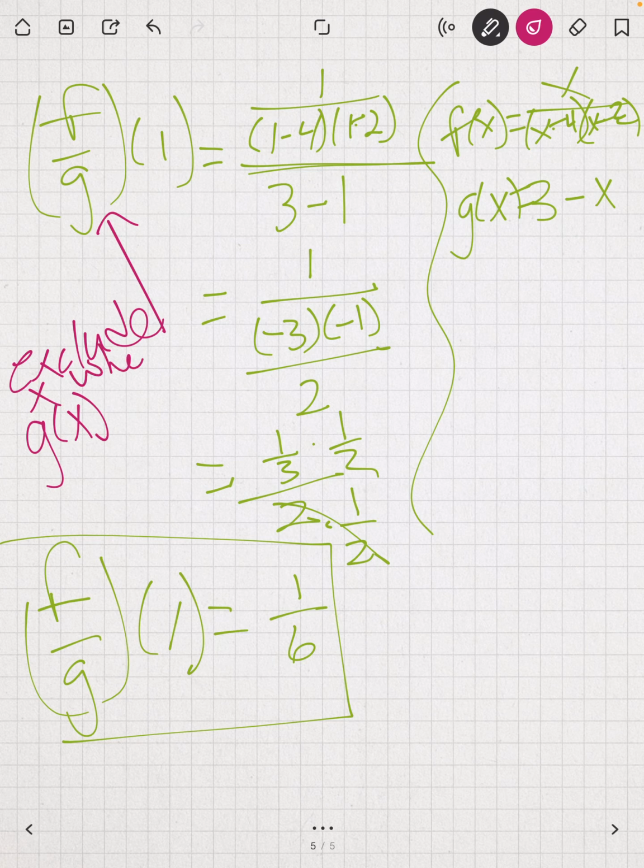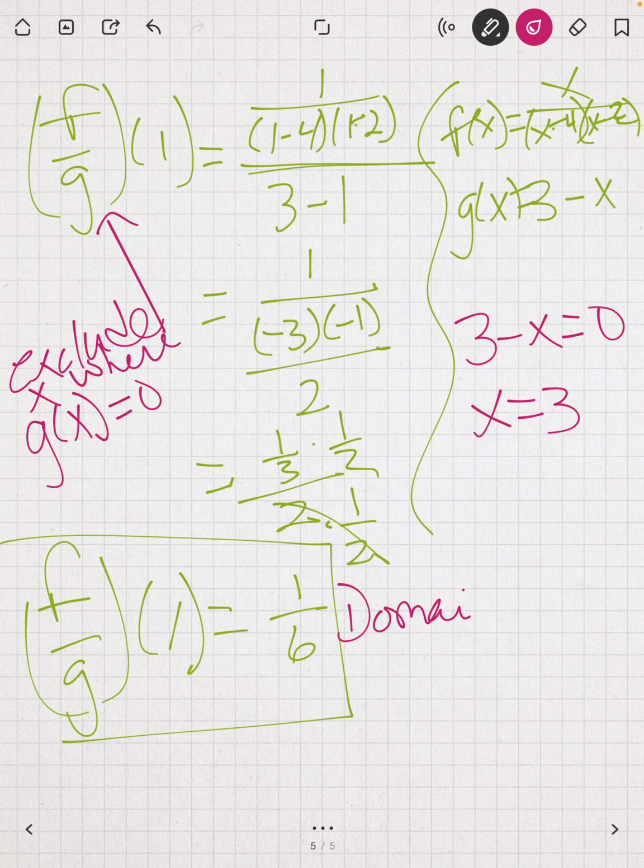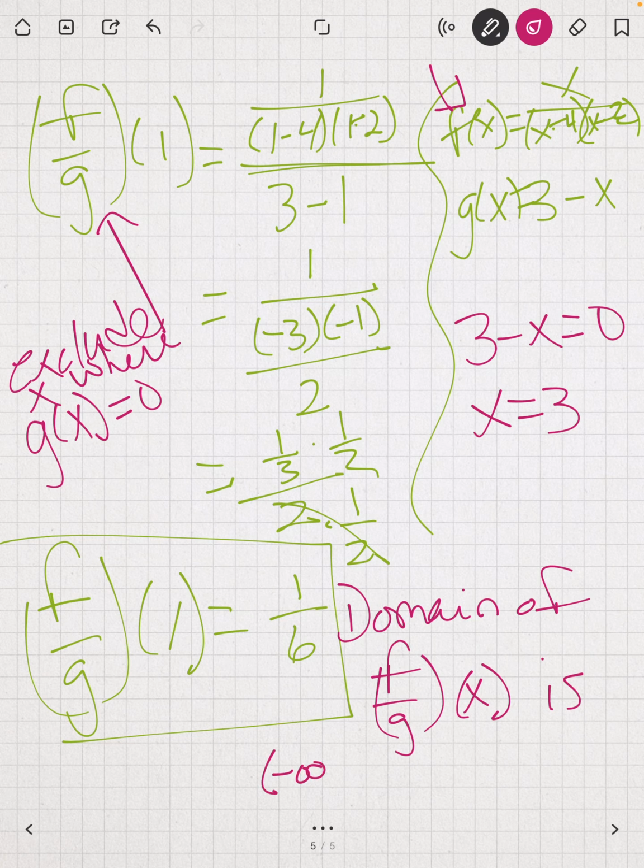But remember, whenever we define this, and I'll use red, we have to exclude x where g of x equals 0. So 3 minus x equals 0 when x equals 3. So here, the domain of f over g of x is, we already had to exclude 2 and 4 because of f of x. And so our domain is negative infinity to 2.